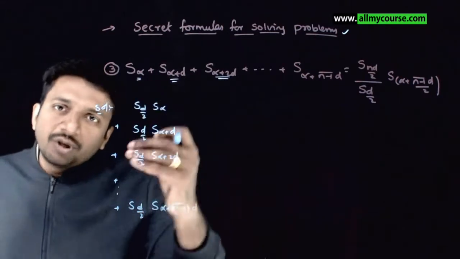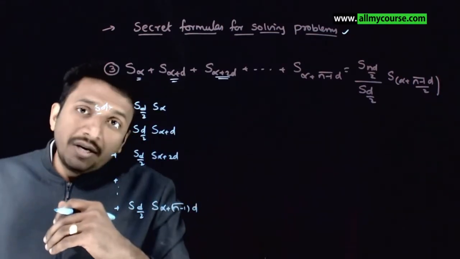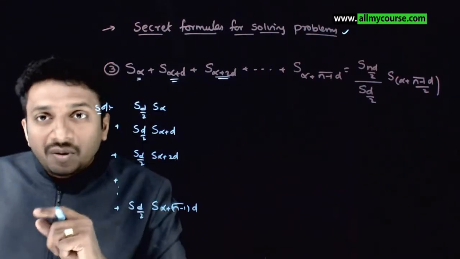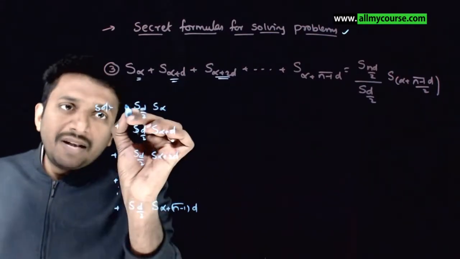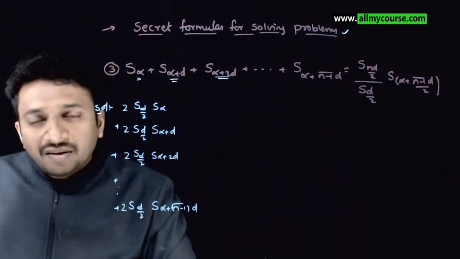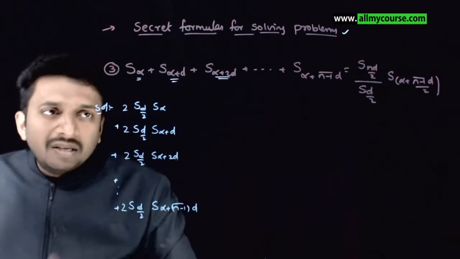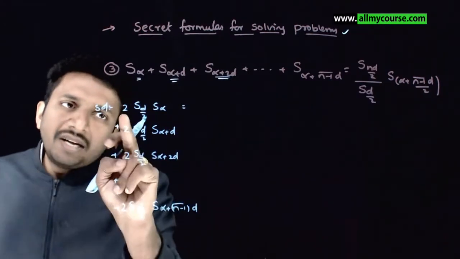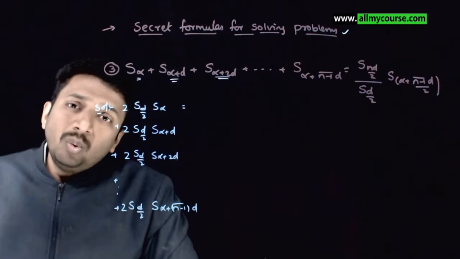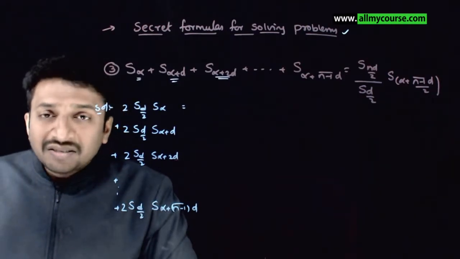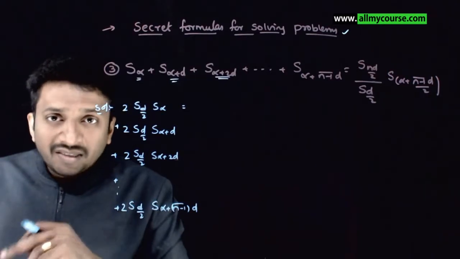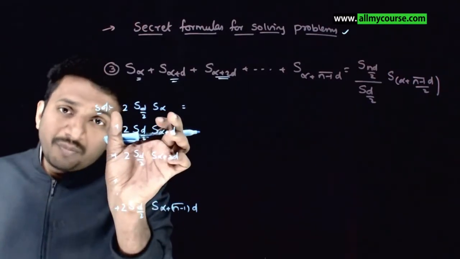So I get the summation of all these terms. Now I'll multiply all these terms with 2, so I get 2 in each term, and later I'll divide by 2. So now you get 2 sine A sine B. What is the formula for 2 sine A sine B? That is cos A minus B minus cos A plus B, right? That is the transformation formula from product to sum.